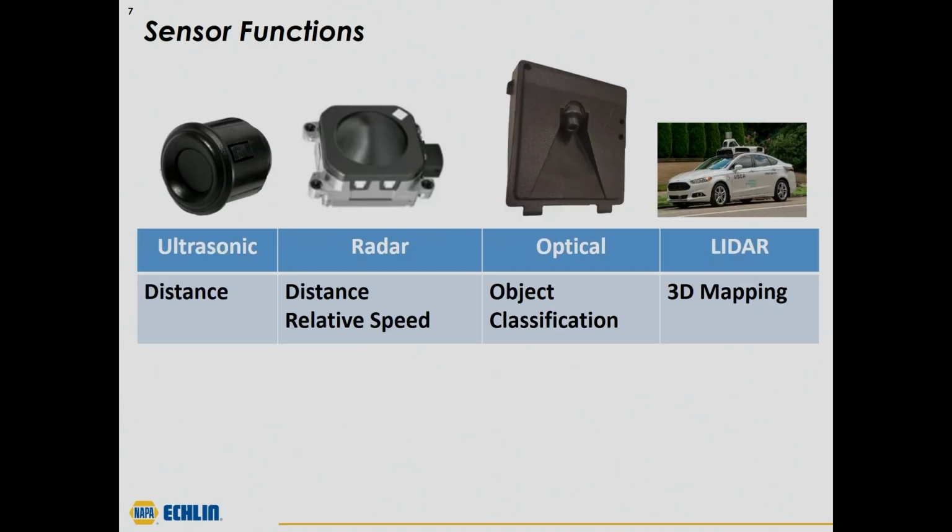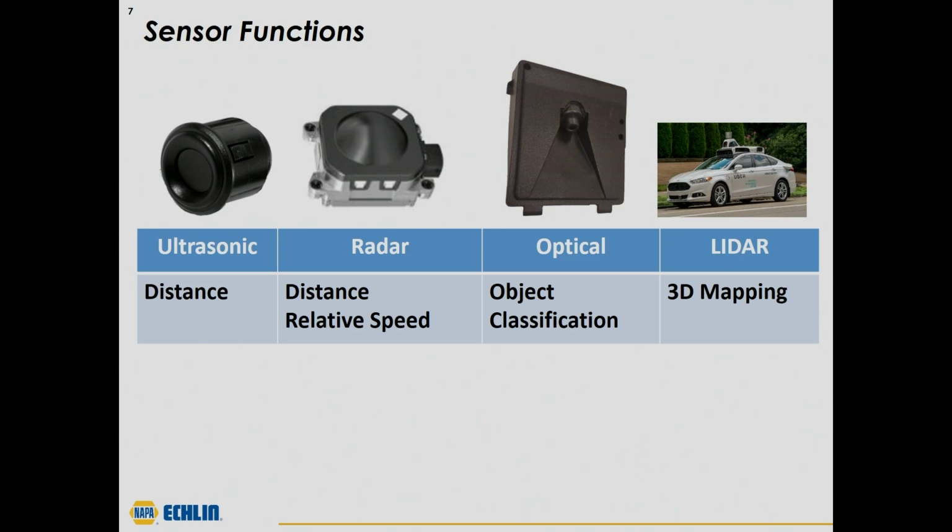Some things we need to consider with each sensor also is, how does that sensor operate? An ultrasonic park assist sensor essentially just measures distance. It sends out sound waves to an object, and as the reflection of that sound wave bounces back to the vehicle in greater frequency, it knows, okay, I'm getting closer to this object.